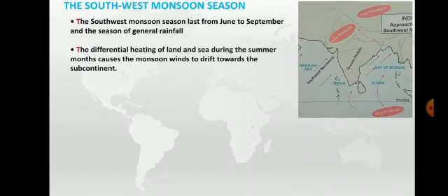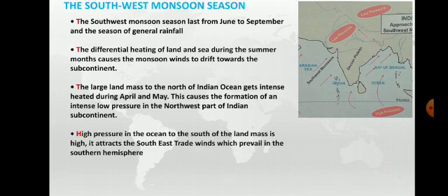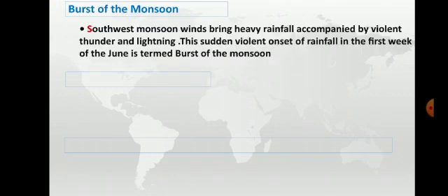Here you have seen that the southeast trade winds cross the equator and are deflected towards the right. When they cross the equator, it is due to the Coriolis force, and they reach the west coast as the southwest monsoon.